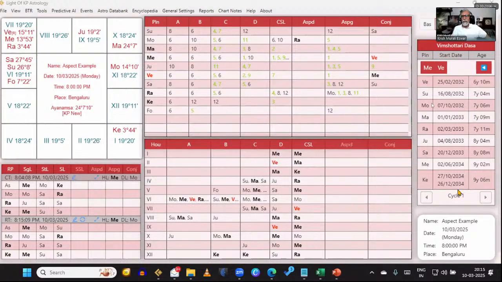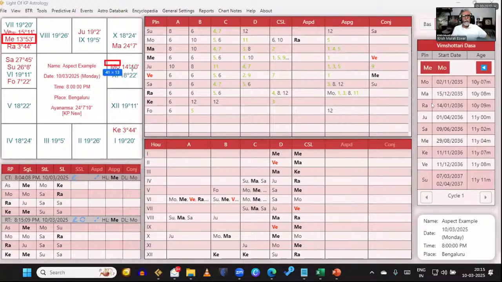Let's take another example. Let us say Mercury and Moon. Mercury is here in the sixth house, in the star of Saturn in the sixth house, and Moon is in the 10th house in the star of Saturn, sixth house. So we see Moon is signifying 6 and 10.